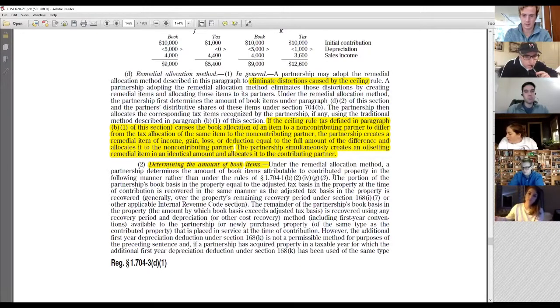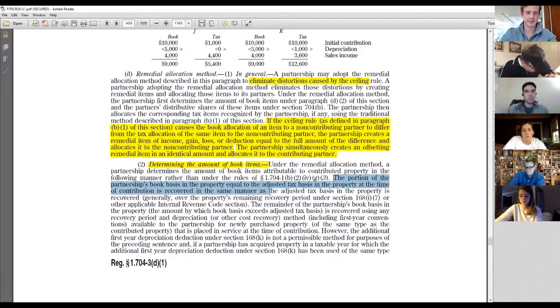So how do we calculate the book depreciation when we use remedial? It says you're going to break the property up into two pieces. The portion of the partnership's book basis equal to its tax basis is recovered in the same manner as the tax basis. So the tax basis portion of your book basis is depreciated the same way as your tax basis, straight line over the remaining period.